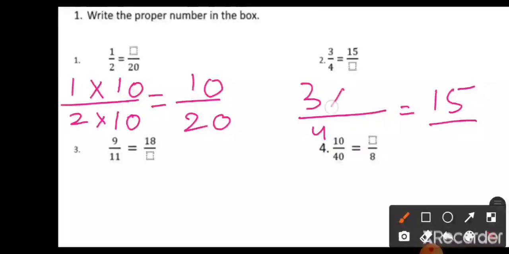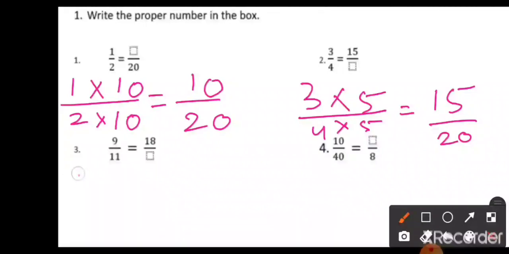So if we multiply 3 by 5, we will get answer 15. Now if you multiply the numerator, then you have to multiply the denominator with the same number. So the answer is 4 fives are 20.